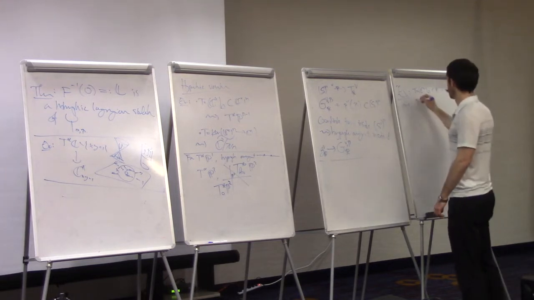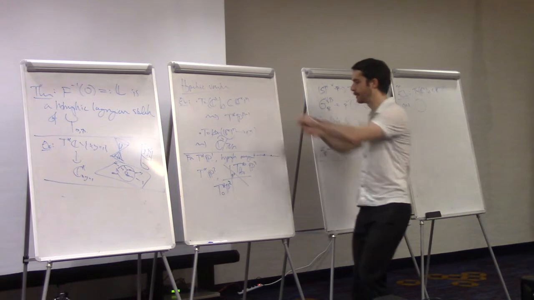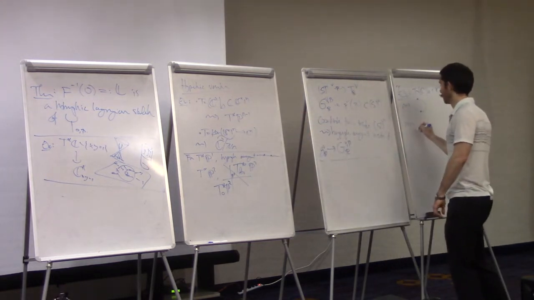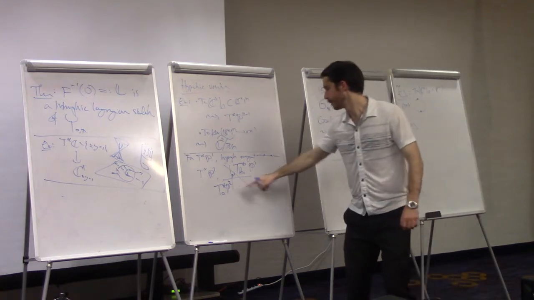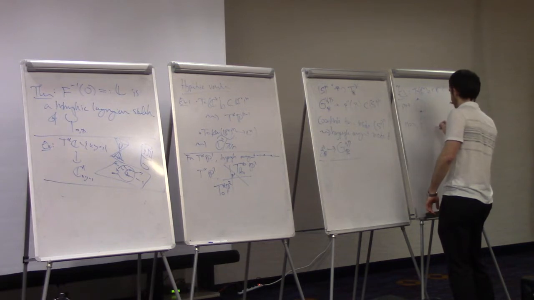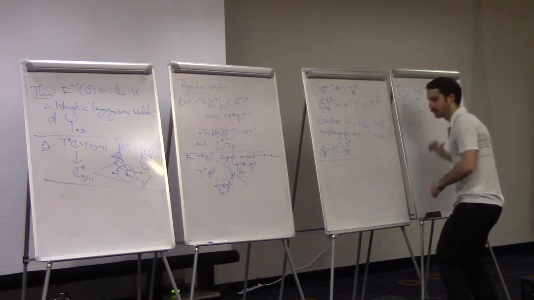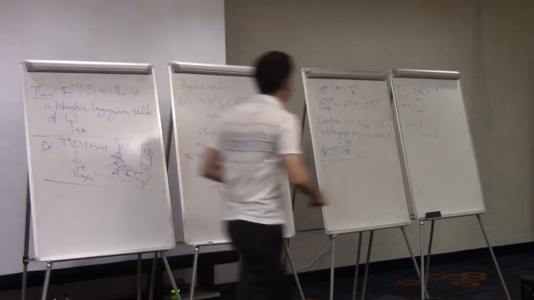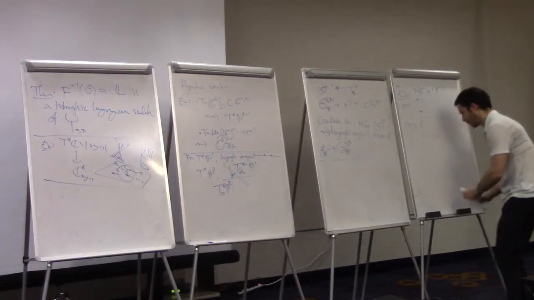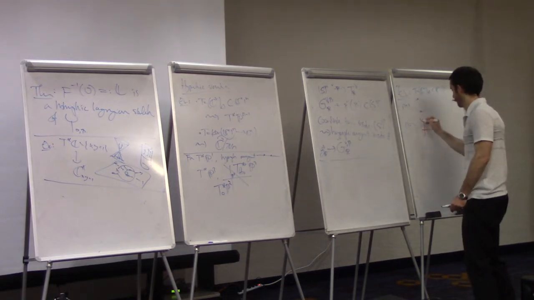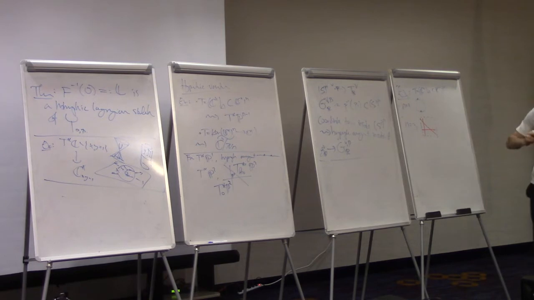So for n equals 2, I just take this line and wrap it up to a circle, and then I get my 2 dots here. And for n equals 3, I put this guy in a torus. Maybe I should use a different color. Right, so this is my hyperplane arrangement inside of a torus.